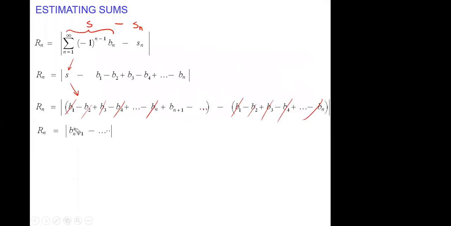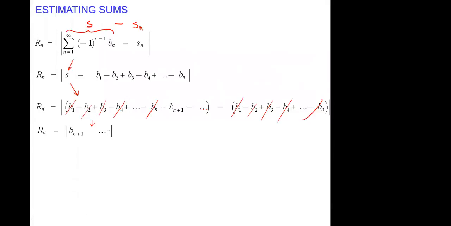Okay, but this is interesting. That error, that remainder, is equal to the next missing term, the term that I'm not counting, because I'm only taking up to b sub n. And I can even say it will be smaller than that term, because I'm actually subtracting the next term, it's smaller and smaller, and we know we're subtracting.